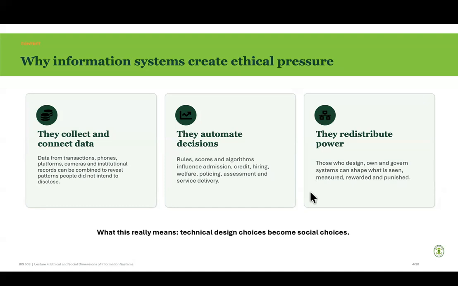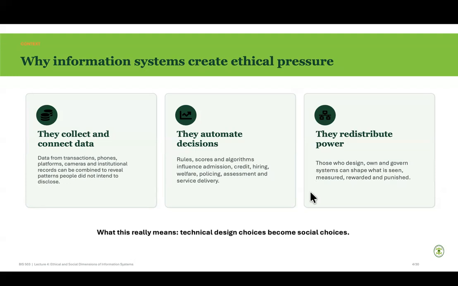The third issue is systems also redistribute power. The people who design and control a system determine what is measured, what is visible, what counts as normal, and what is rewarded or punished.